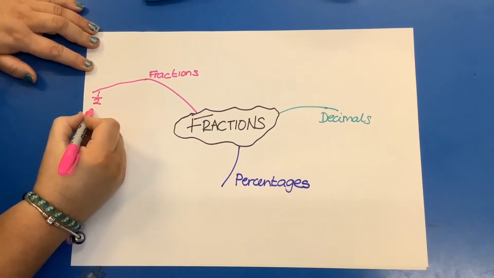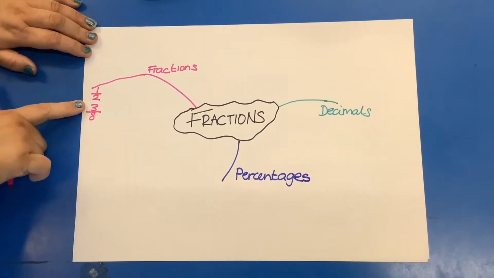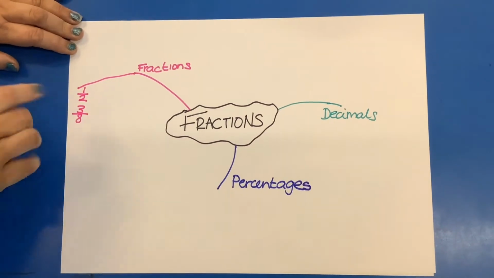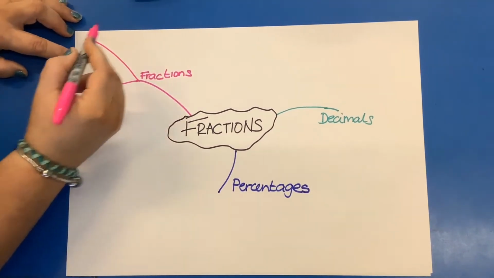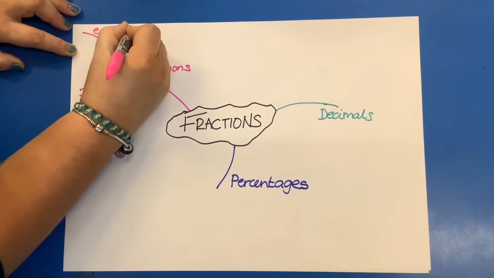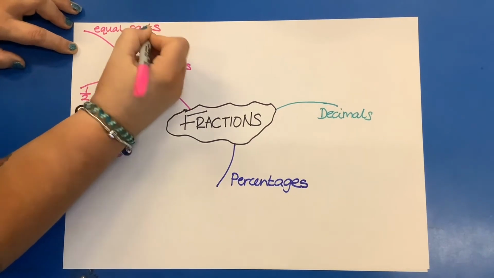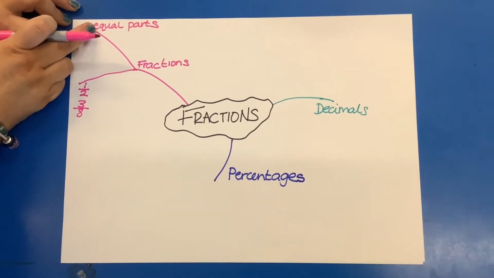Maybe you know 3/8. Those things. So write down some fractions that you know. What words can we think of about fractions? Well, I've said, first of all, haven't I, about equal parts. And tomorrow we'll be doing the fair feast. And in order for it to be fair, they need to be equal parts.